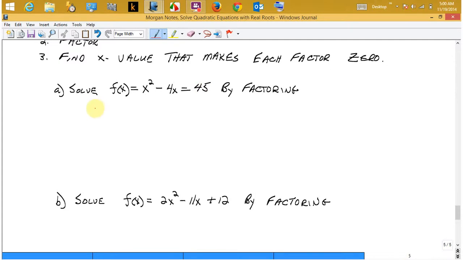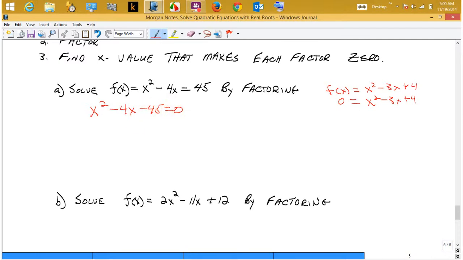Well, if I change this to x squared minus 4x minus 45 equal to 0, basically what I've done is, remember, if we have an equation f of x equal to some expression, and I set y, which is f of x, equal to 0, what I'm basically doing is finding the x-intercepts. So by moving all the terms over to one side, I'm basically setting y equal to 0.